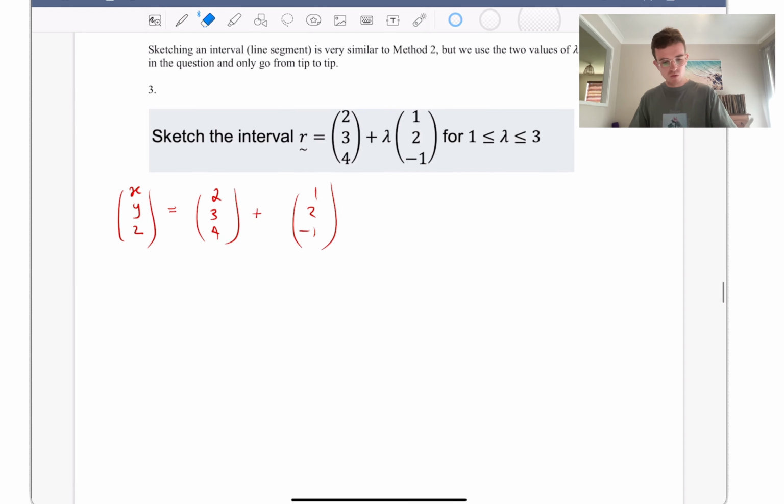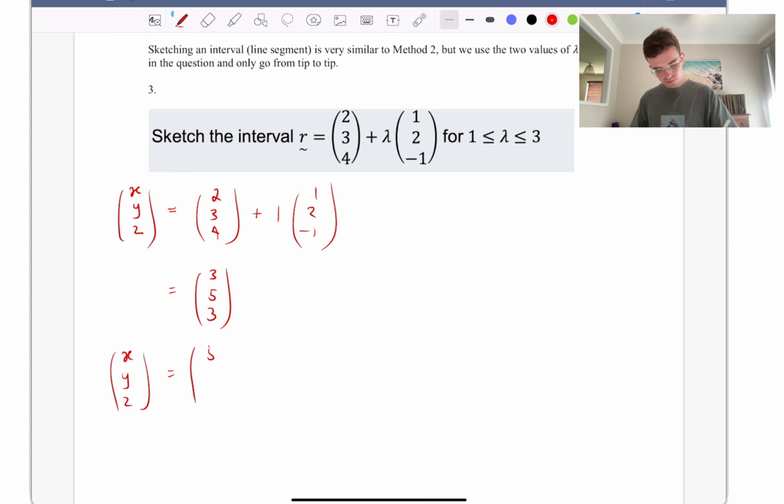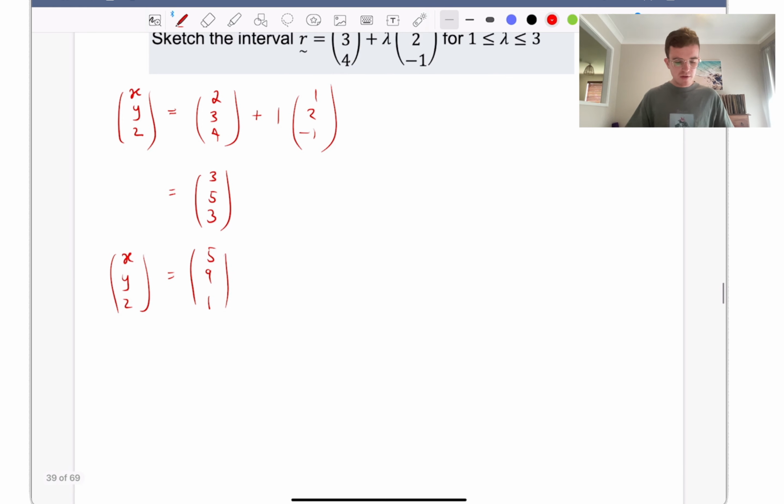So replace this with 1, and if I do that, I get (3, 5, 3). If we do that same for lambda is 3, x, y, z is equal to 2 plus 3 is 5, 9, 1. So we're going to graph the 2 points (3, 5, 3) and (5, 9, 1), and we're going to sketch the interval between those points.